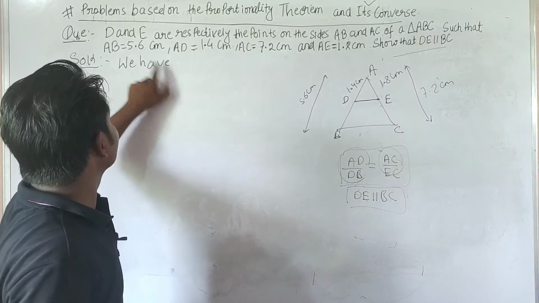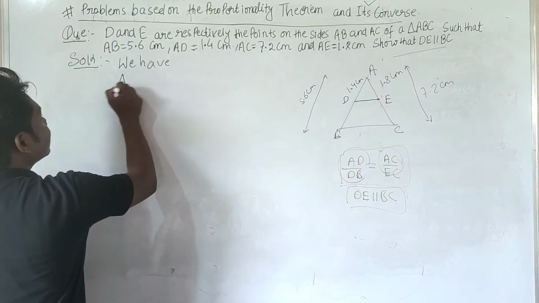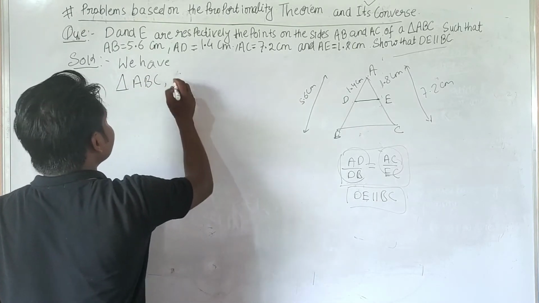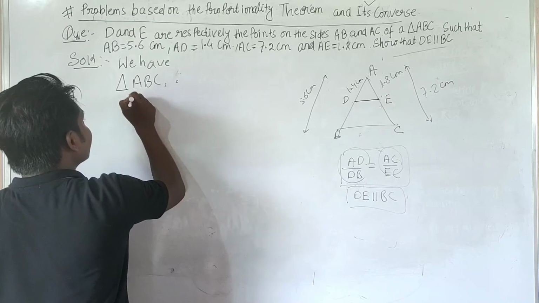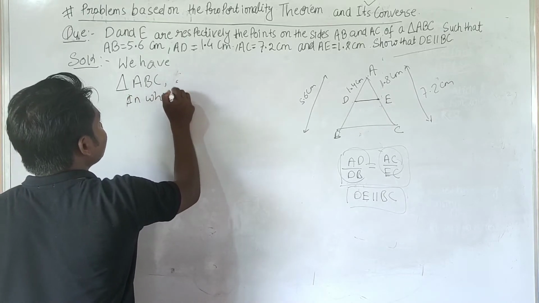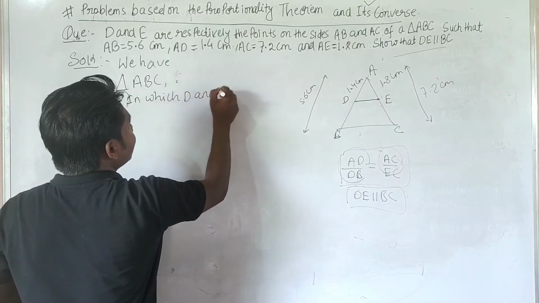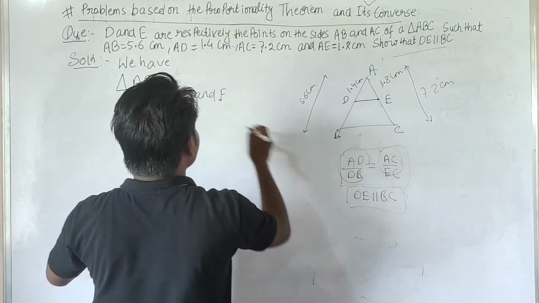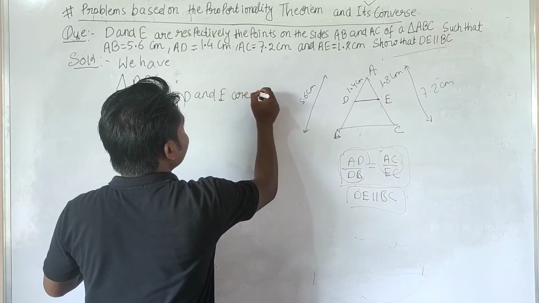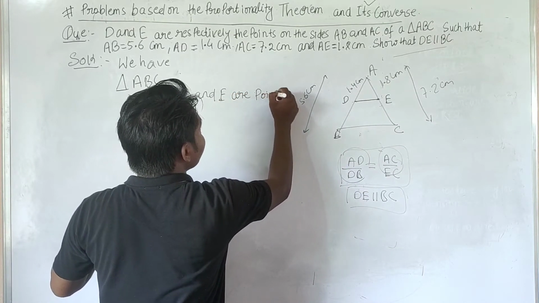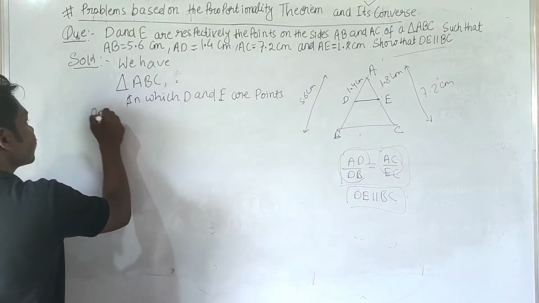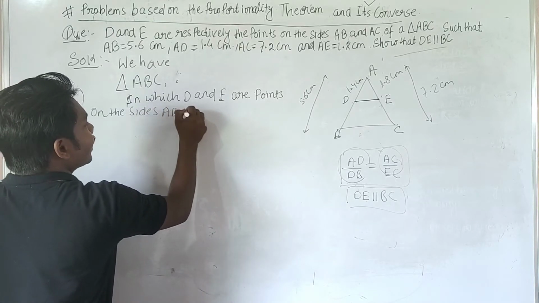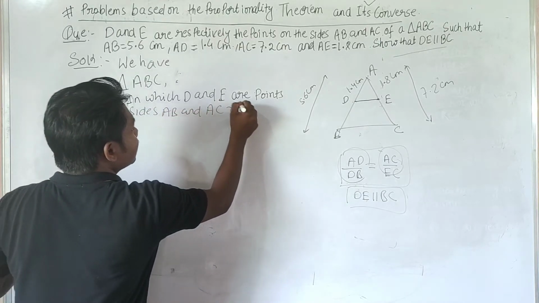Let's solve it. First, we have a triangle ABC in which D and E are points on the sides AB and AC respectively.